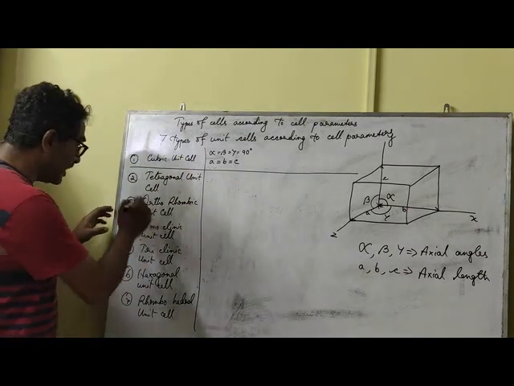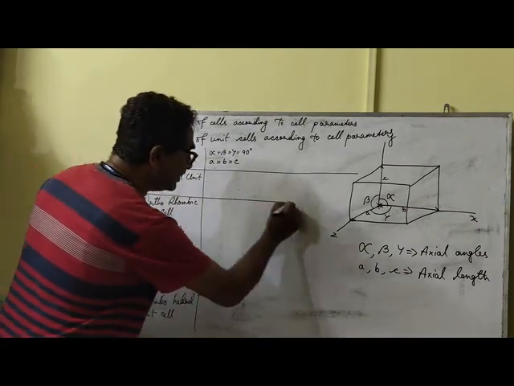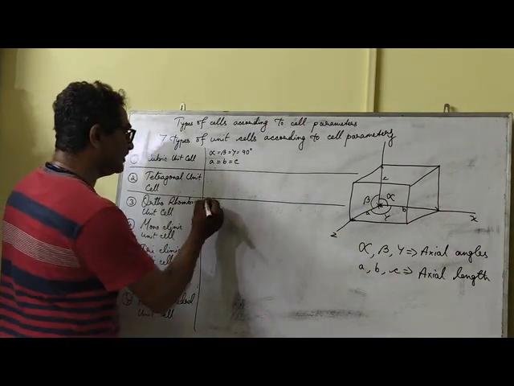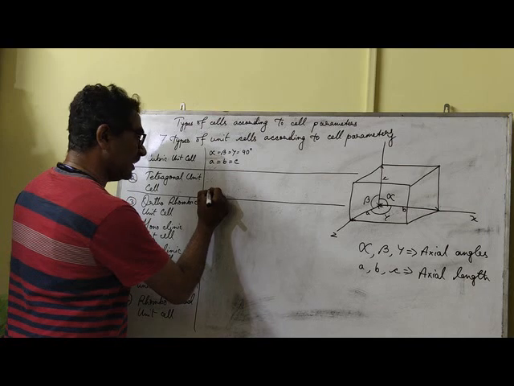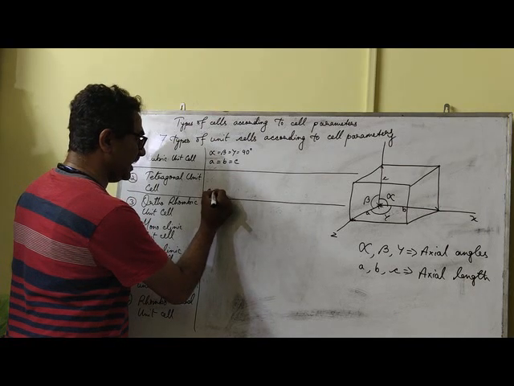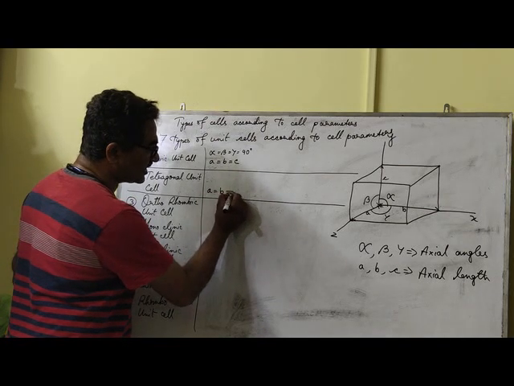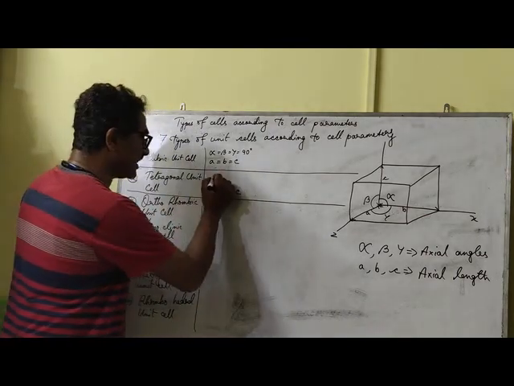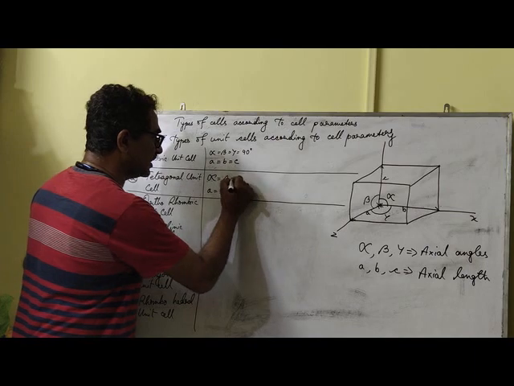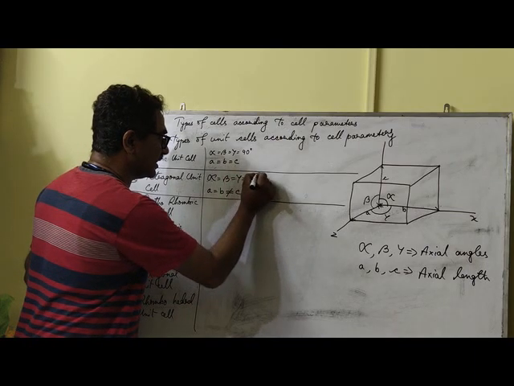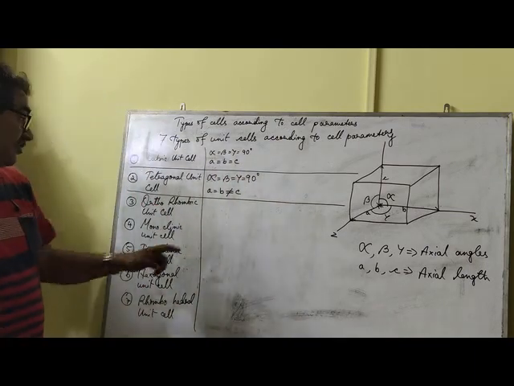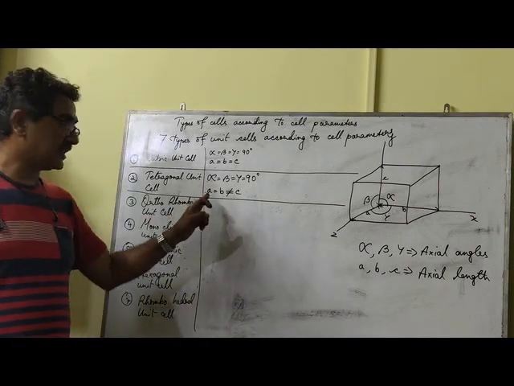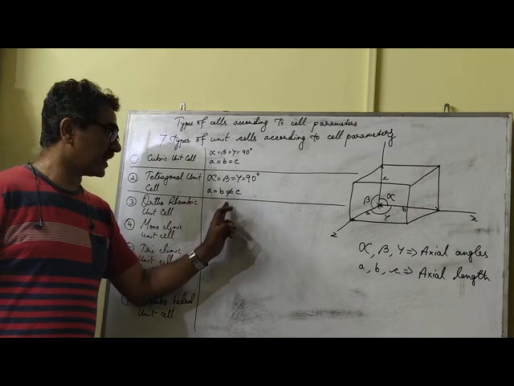Now when it comes to the tetragonal unit cell, what do we have? A is equal to B, however B is not equal to C. However, the angles are still the same, that is alpha equals beta equals gamma equals 90 degree. So here two axial lengths are equal, the third one is not matching.